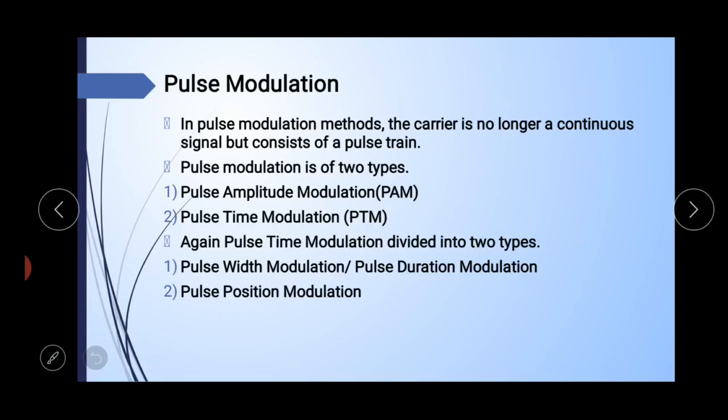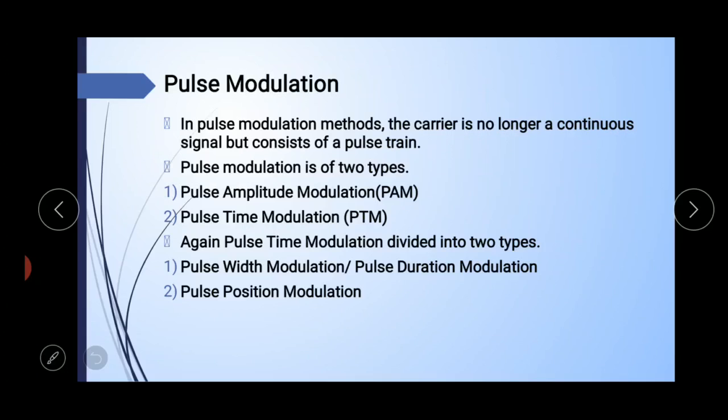In pulse amplitude modulation, the amplitude of the pulses of the carrier changes according to the modulating signal, whereas in pulse time modulation, the timing of the pulses of the carrier changes according to the modulating signal.